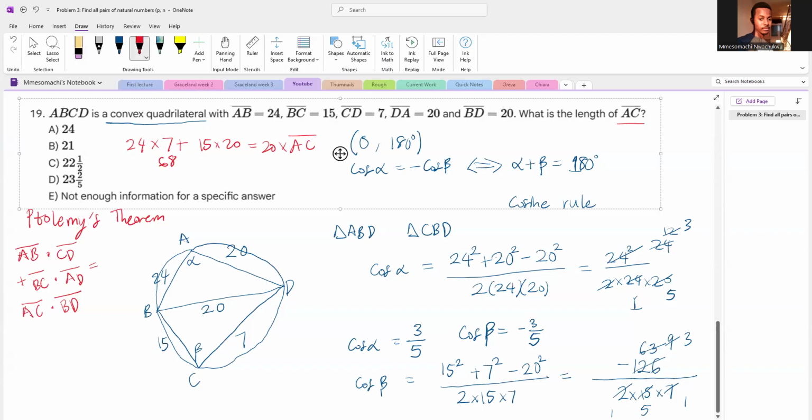15 times 20 will give you 300. And this is equal to 20 AC.